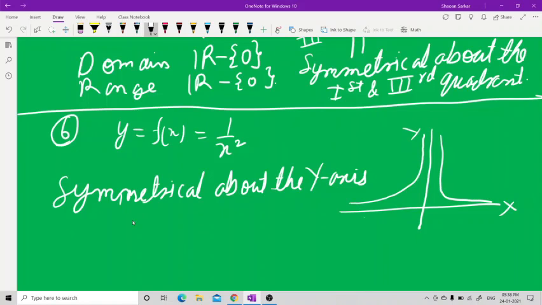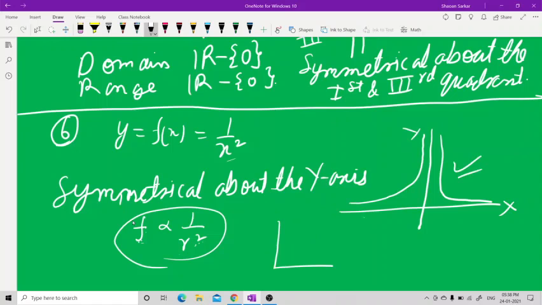Now suppose I ask you, I think I've told you in my physics lectures that the force of attraction is inversely proportional to r square. I've told you this law of gravitation as well as the electrostatic law. The function F is inversely proportional to r square. It will behave the same as this 1 upon x square. So in that case, I will draw only the positive part.